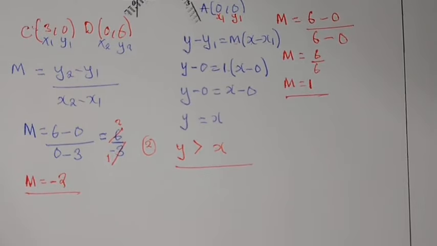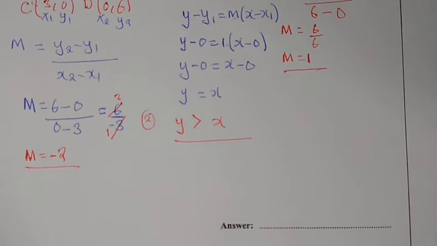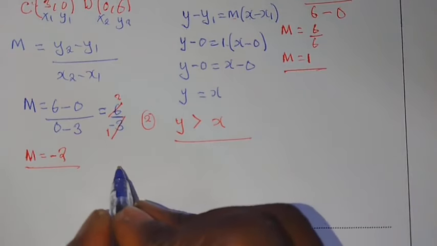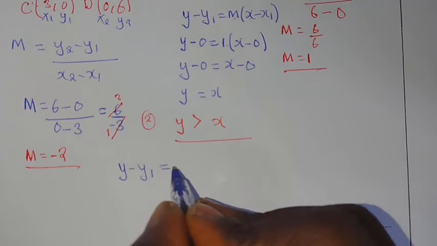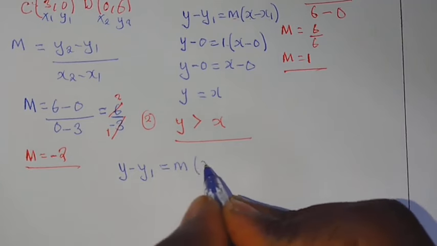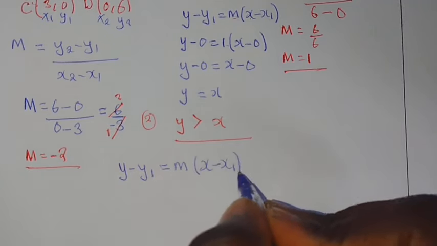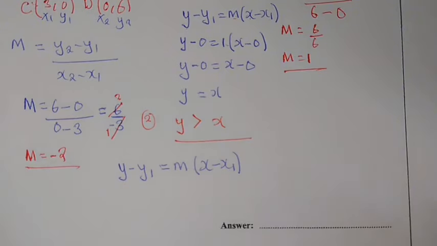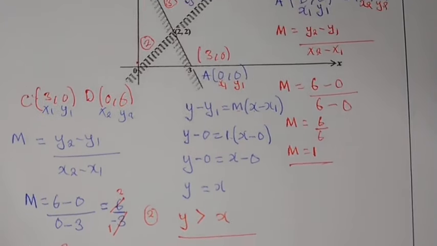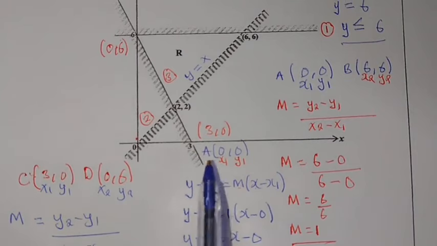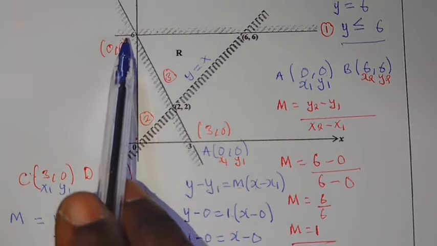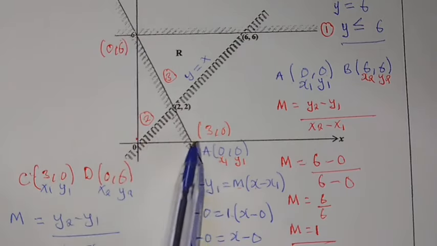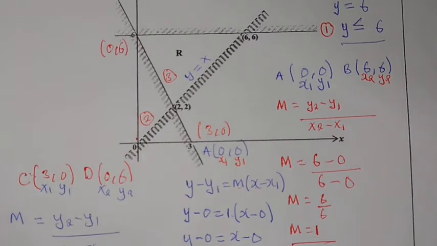So upon identifying this gradient, we can use it to find the equation of the straight line, of which we know that the formula we're going to use is y minus y1 equals m, open bracket, x minus x1, close bracket. So remember the line that you are finding. This is the line that you are finding the equation for, and you have this coordinate. We also picked this coordinate, so you can use either of those two coordinates.